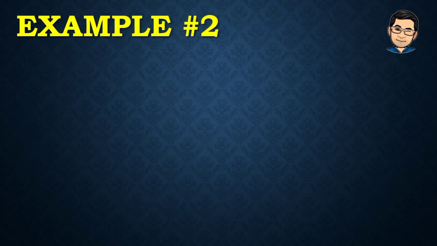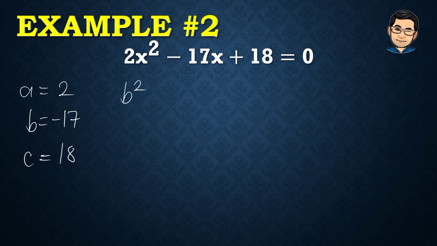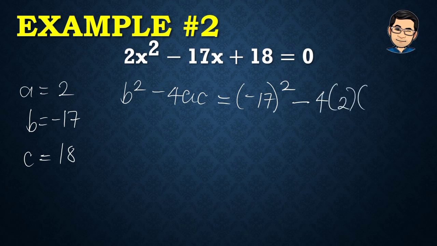For example number 2, 2x squared minus 17x plus 18 is equal to 0. So the value of a is 2, b is negative 17, and then c is equal to 18. Okay, so again, b squared minus 4ac is equal to the value of b is negative 17 squared minus 4 times a, that is 2, and then c, 18.